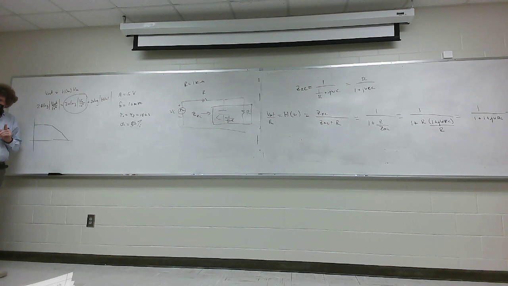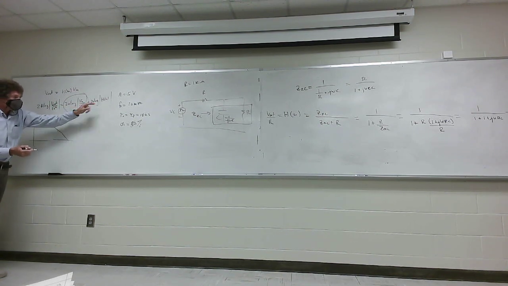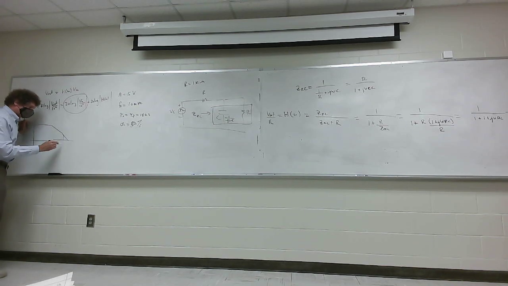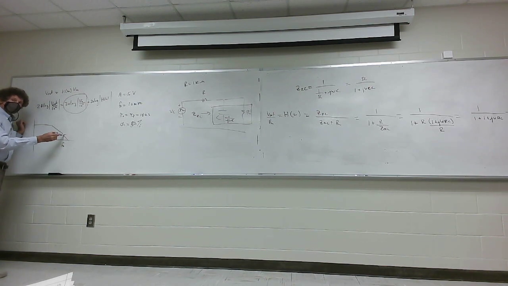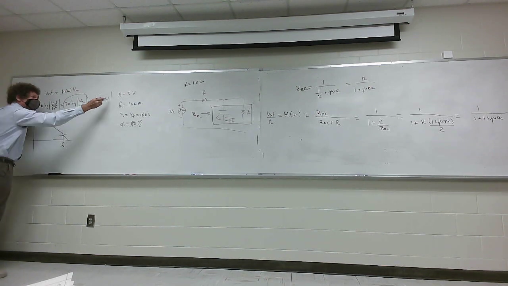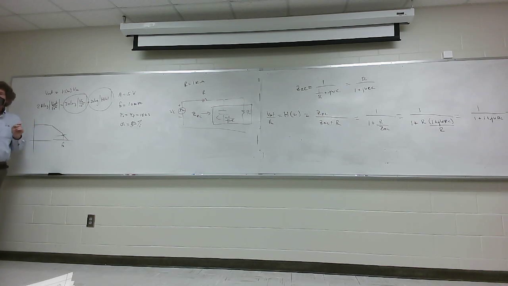Y'all agree with this? Now if we look at the value of the output when this is the first harmonic, at F naught, right here, whatever this value is, we have to find this value right there and simply reduce it by 20 dB. Does this make sense to you, what I'm saying?